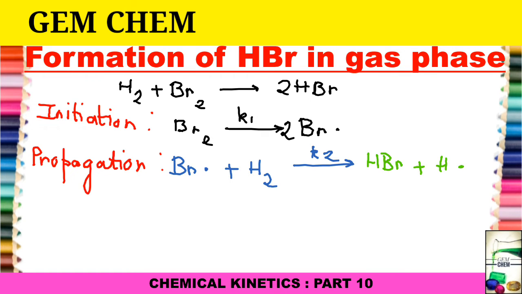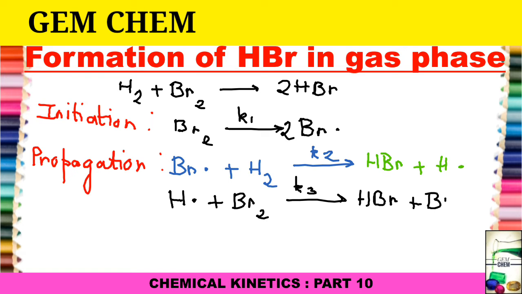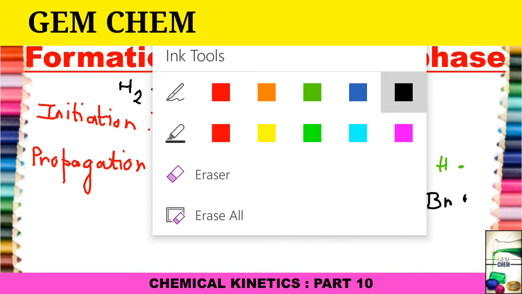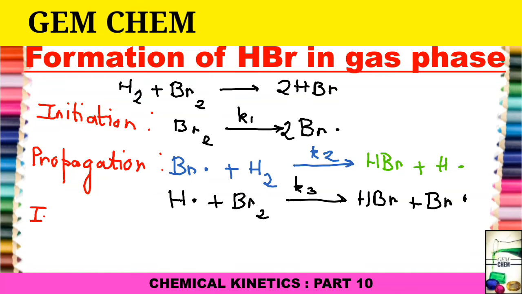One of the hydrogens gives one electron to the bromine and the other keeps one to itself. Now we have Br dot as well as H dot. So H dot plus Br2 will again react and we get HBr plus Br dot.